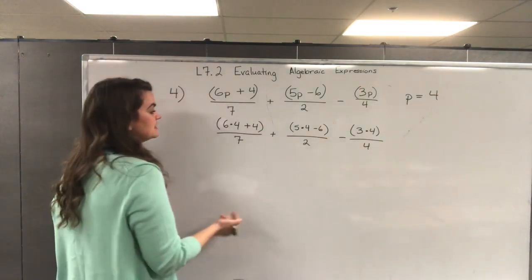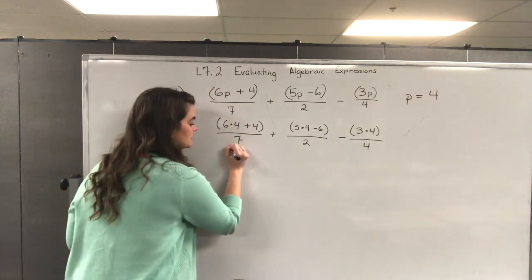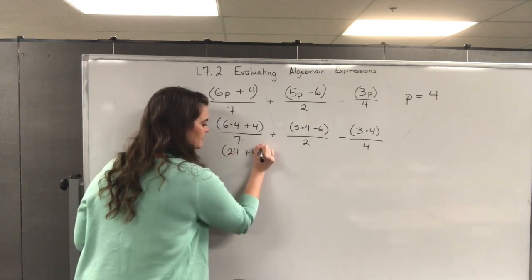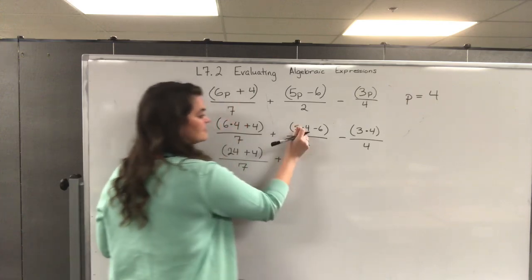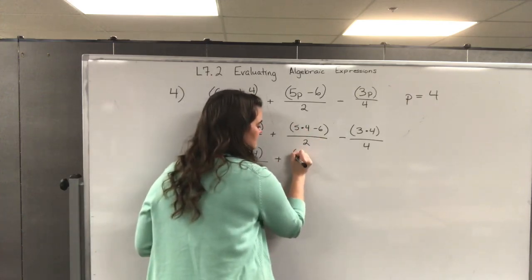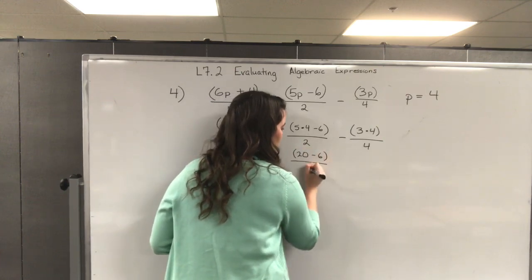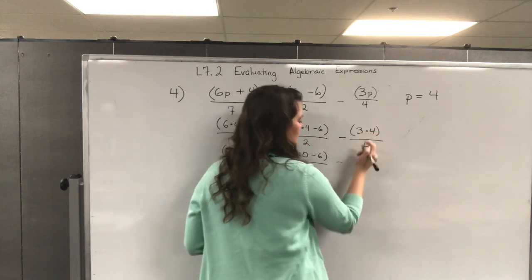So let's do parentheses. 6 times 4 is 24. So 24 plus 4 over 7 plus 5 times 4 is 20. So 20 minus 6 over 2 minus 3 times 4 is 12.